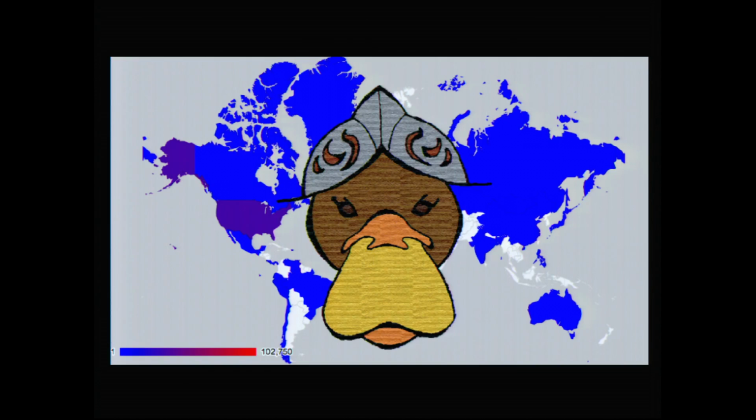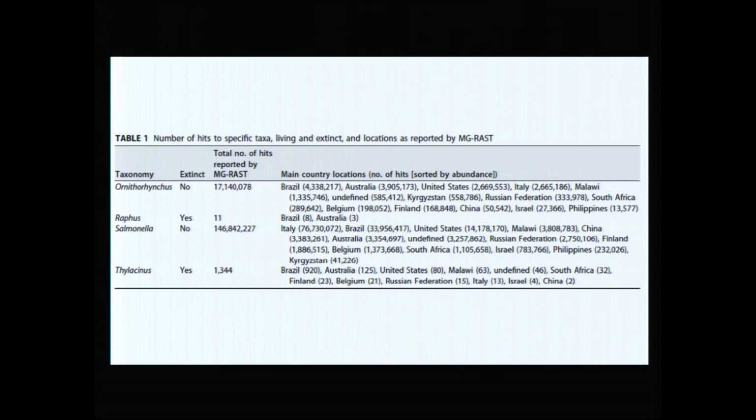And the reason for this is that rates of misassignment are very high, and that's what leads to reports of things like anthrax and plague thousands of miles away from where those organisms truly live in the environment. And so extending this work, we were also curious about extinct species like the dodo and the thylacine and so on. And the amazing fact is, if you take these results at face value, a lot of these charismatic animals that we thought were extinct, you can find in fecal samples all over the planet.